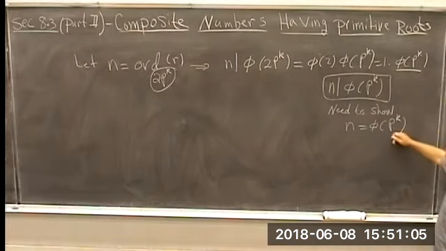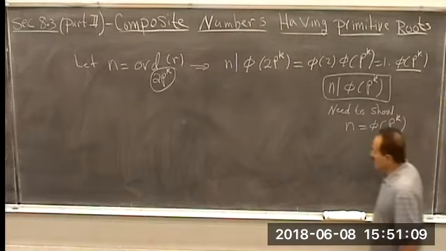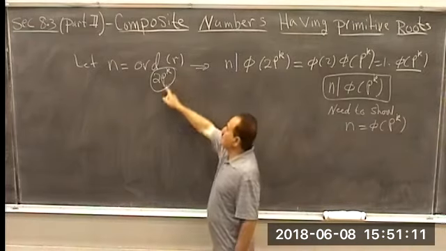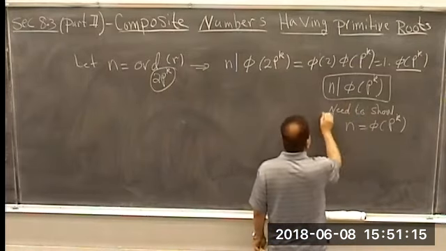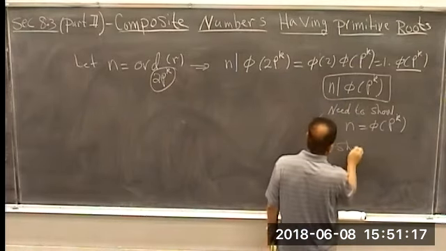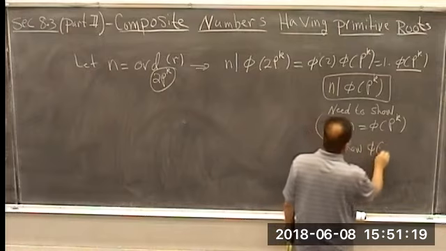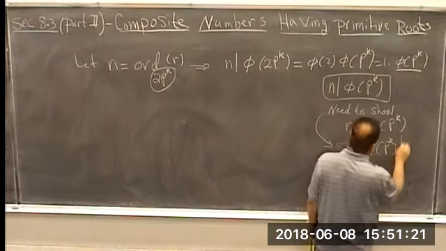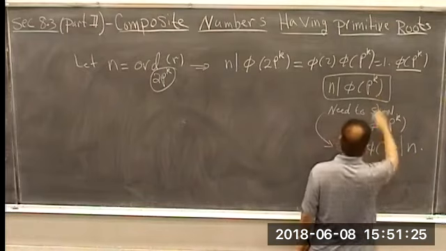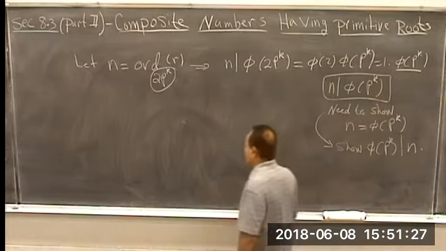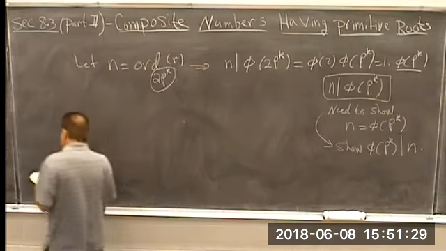So if I can show this one, then r becomes a primitive root. And to do this, we want to show that phi of p^k divides n. So these two divisibility relations imply that n is equal to phi of p^k.